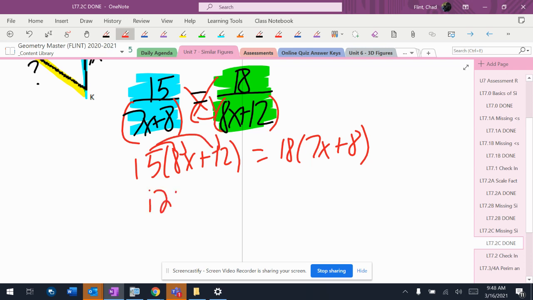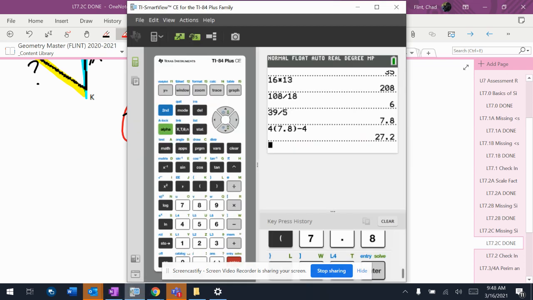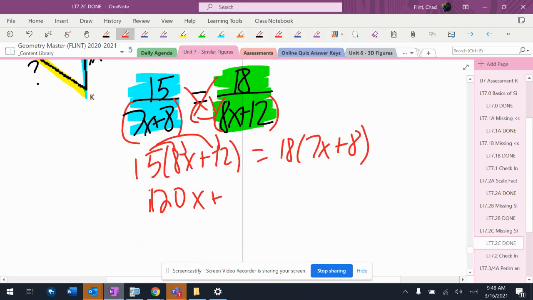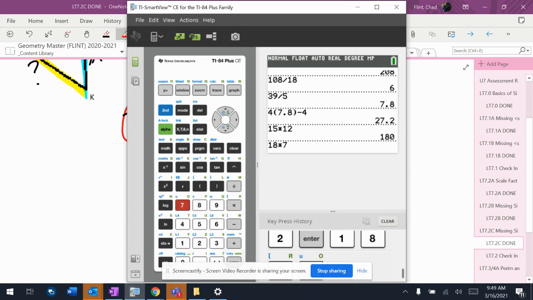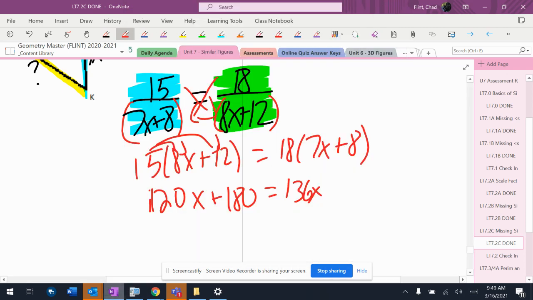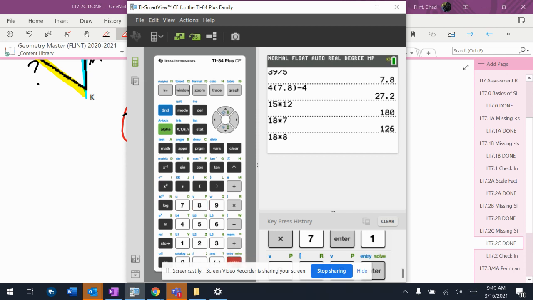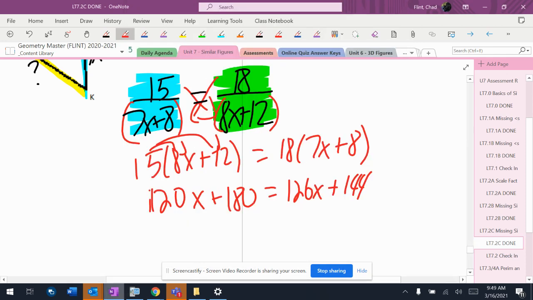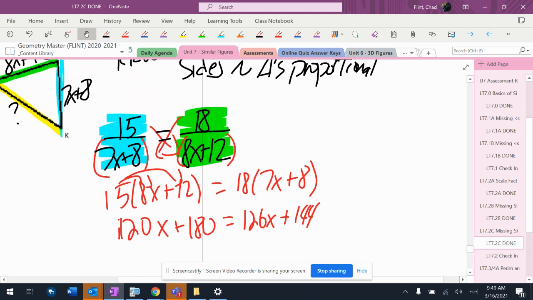That's going to give me 120x plus 180 equals 126x and then 80 and 68 is 144, I believe. Let's double check that. 144.